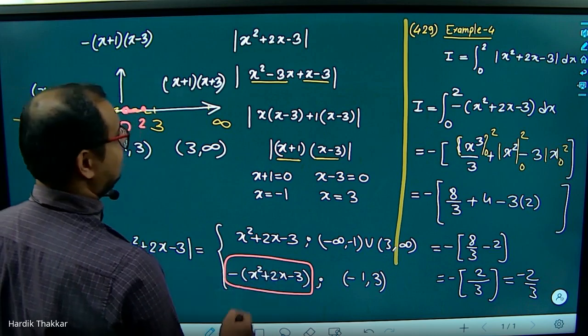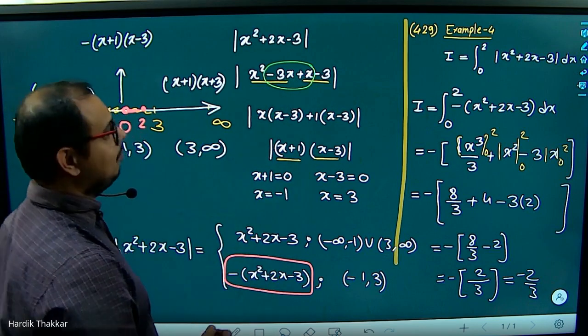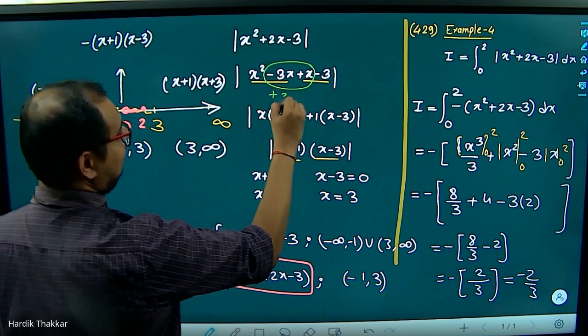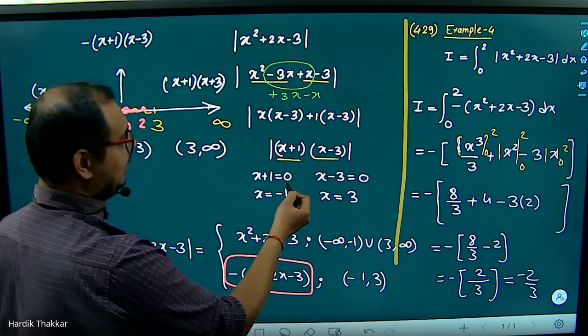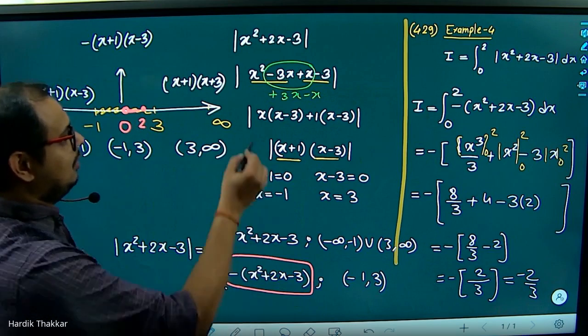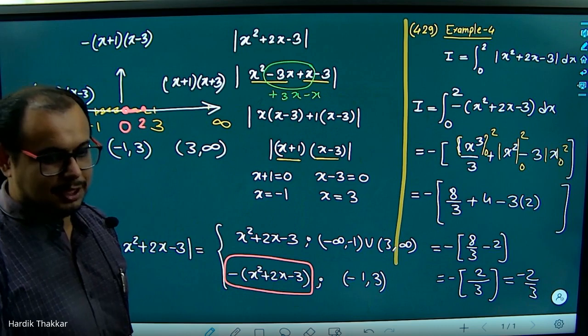Just look at this. I have factorized in a wrong way. The middle term will get split into plus 3x and minus x like this, correct? So we will get the critical points different. Okay, so here I have made the mistake. But the concept is the same.